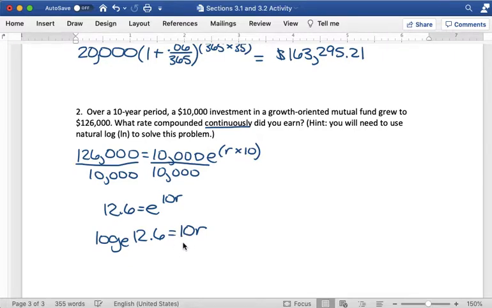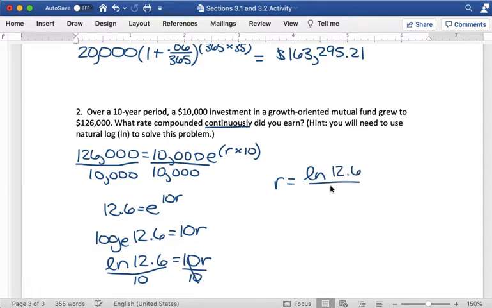And then, since this is log base e, I know that's natural log, so I'm going to replace log base e with ln, and I'm going to use the ln button on the calculator. So ln of 12.6 equals 10R. Last step to get R by itself is to divide both sides by 10, and I have R equals ln of 12.6 divided by 10.